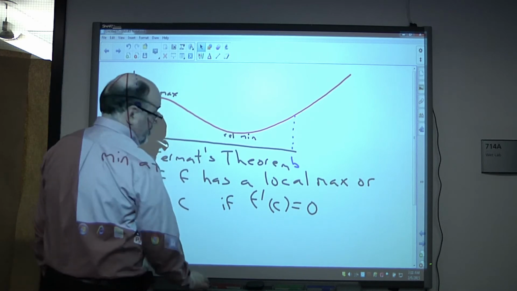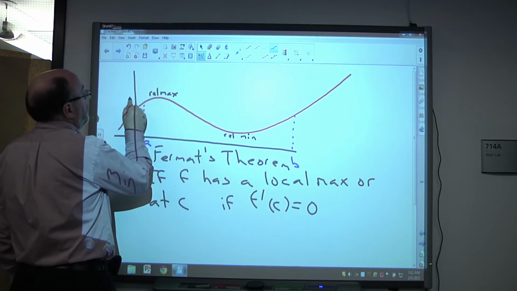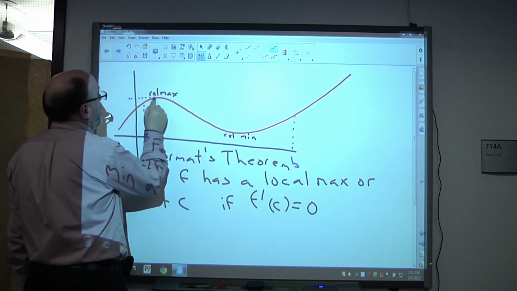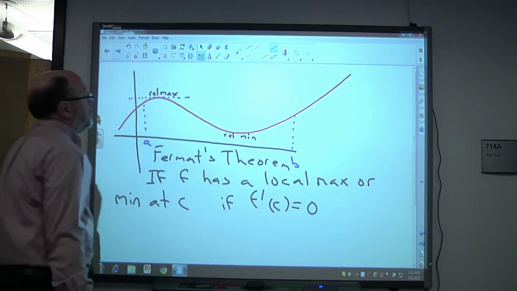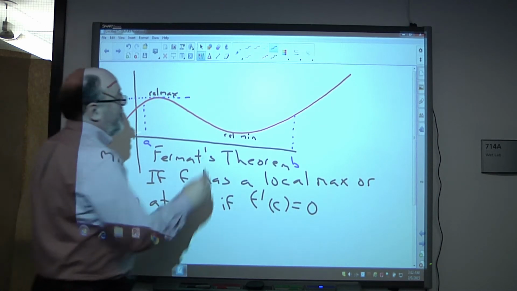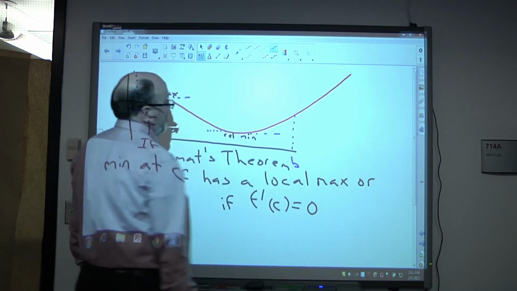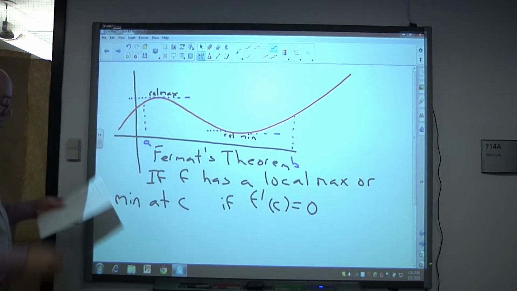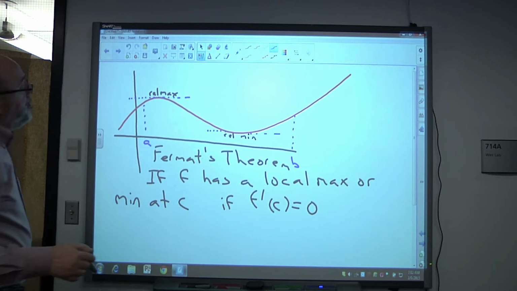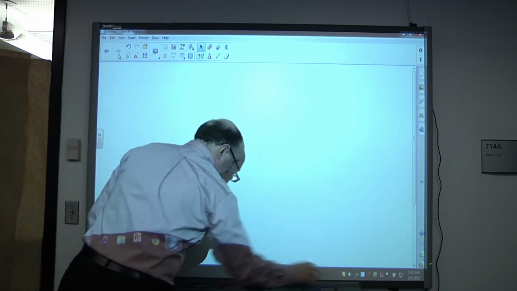If I look at my graph here again, we can see that if I took the derivative at that point, my derivative is 0. And the same thing here at my min, that derivative would also be 0.